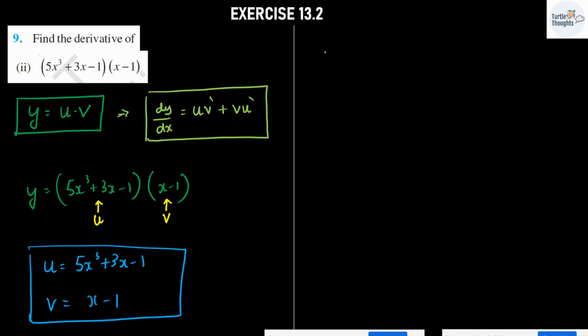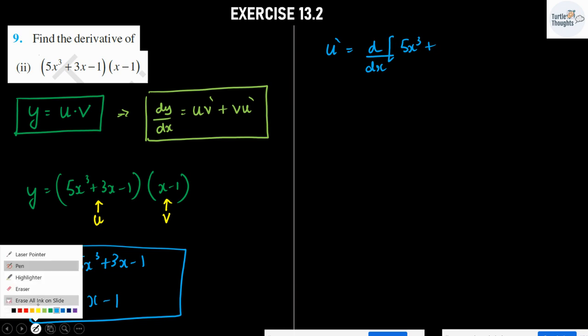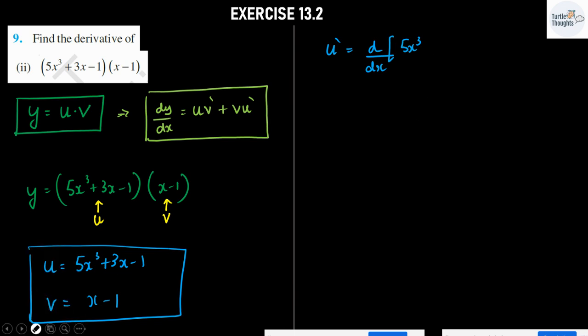I need to find the value of u dash. U dash is going to be the differential of u. So I can write d by dx of 5x cube, plus d by dx differential of 3x, minus the differential of 1.